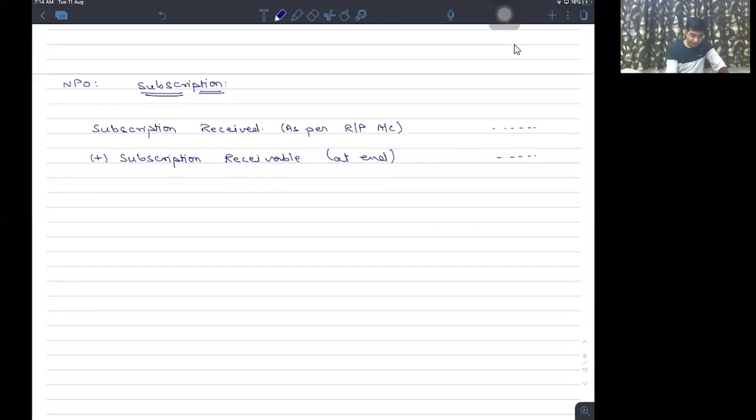Similarly, add pre-received subscription at beginning, which is generally provided in the opening balance sheet or opening balances. Why do you need to add the pre-received subscription?